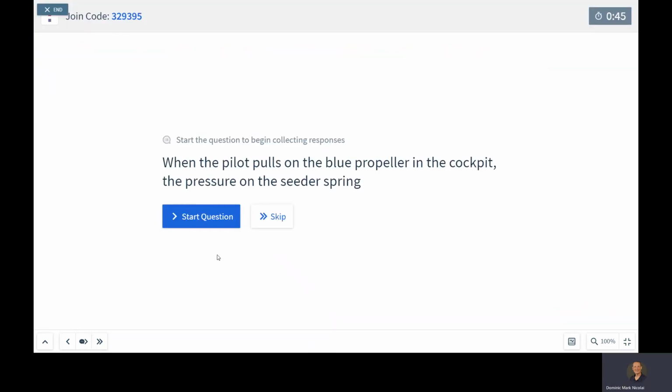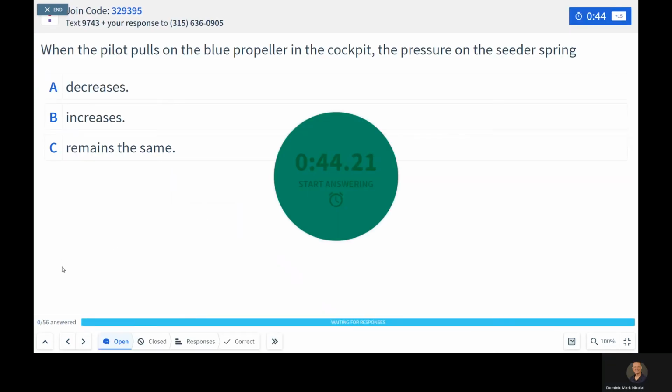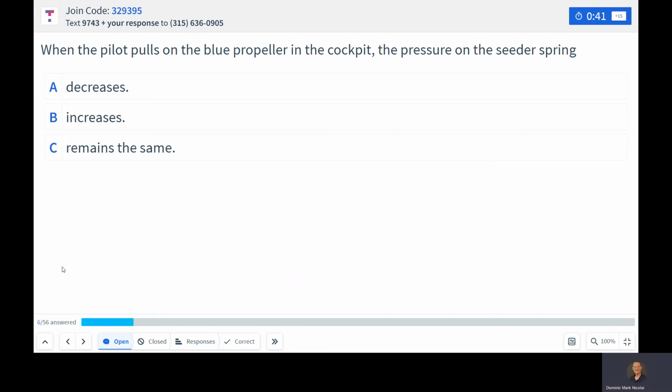Another question. When the pilot pulls on the blue propeller knob in the cockpit, what happens to the pressure on the speeder spring? It's connected to a plate on top of that speeder spring. We're pulling the knob.